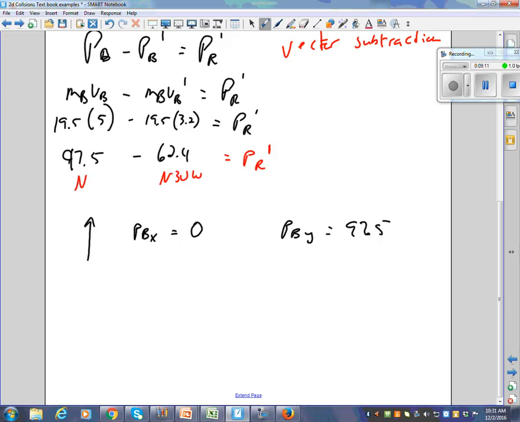Now we do the same thing with PBX prime and PBY prime. It's going to be 30 degrees, and this value here is 62.4. The x is opposite, so that's going to be 62.4 sine 30. I get 31.2.